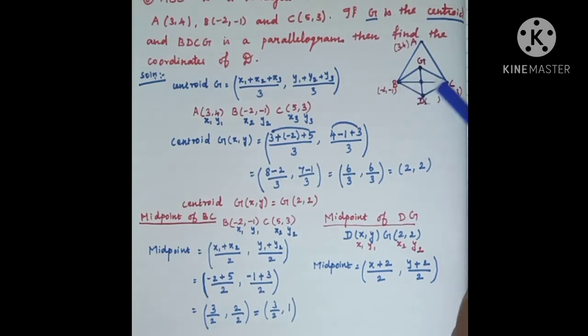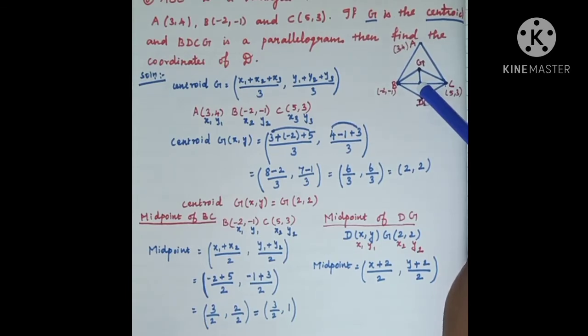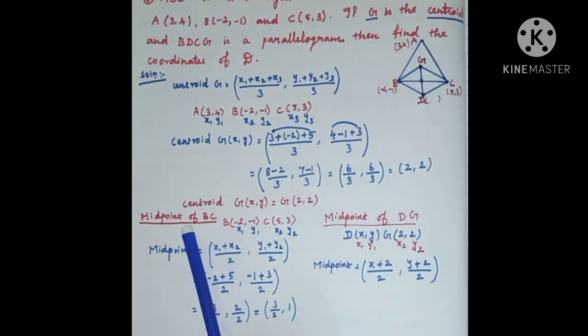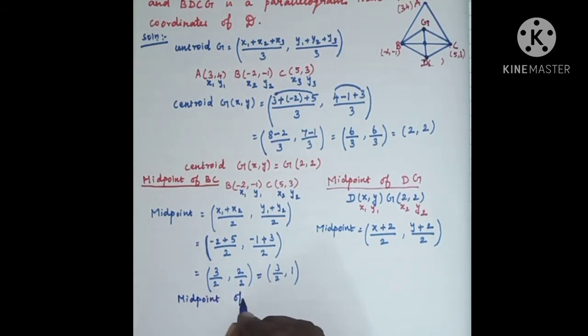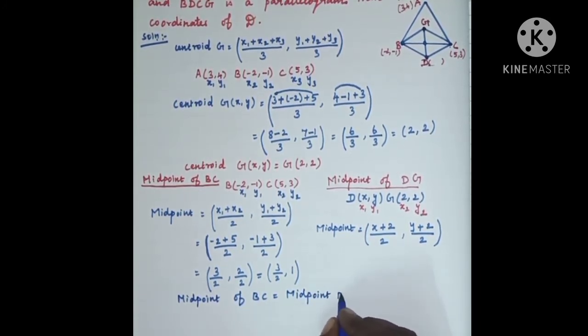Here we found the midpoint of BC as well as the midpoint of DG. These two are equal. So the midpoint of BC is equal to the midpoint of DG.